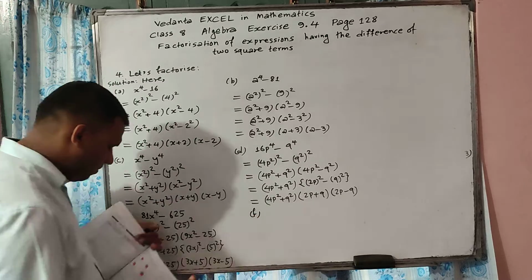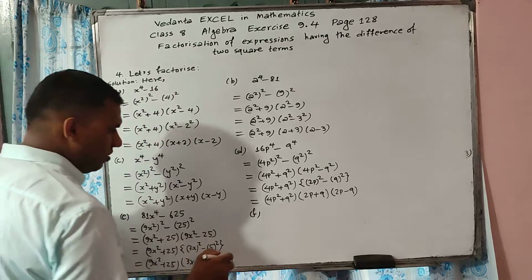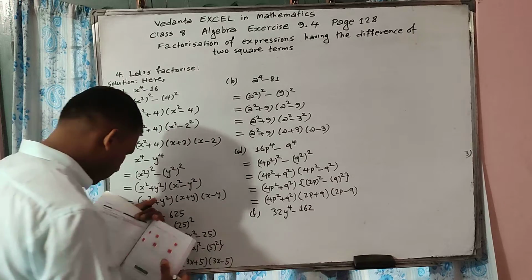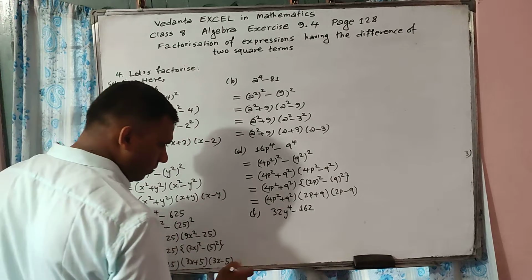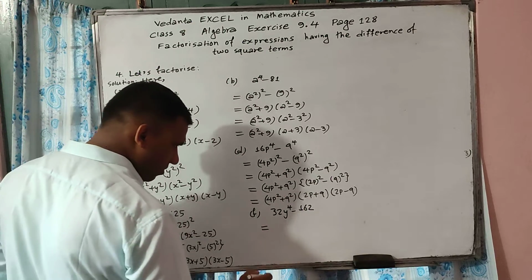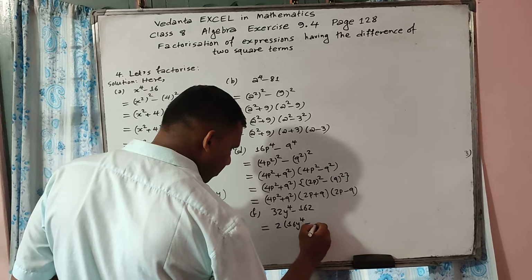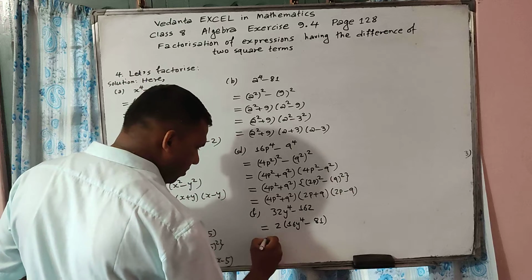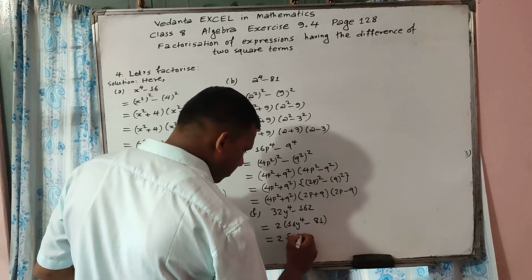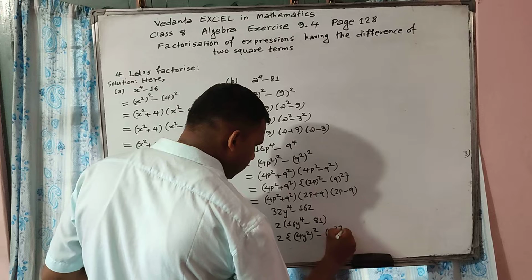On F we have 2y to the power 4 minus 162. Now taking common, I can take 2 common, then 16y to the power 4 minus 81. This is equal to 2 times 16y to the power 4, that is (4y square) whole square, minus 81, that is (9) whole square.